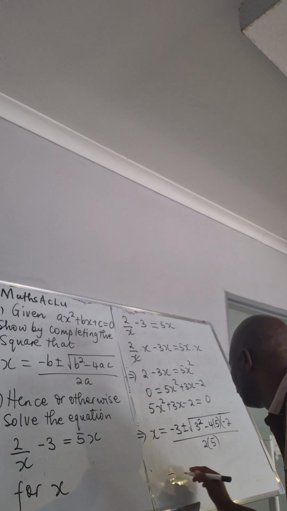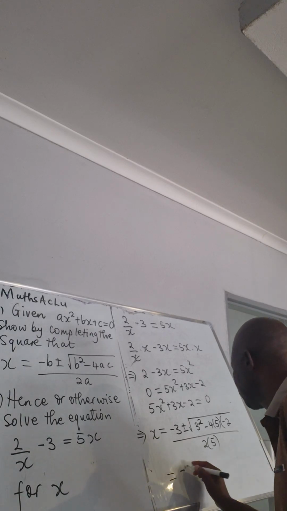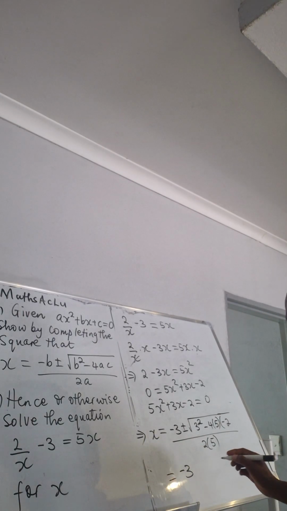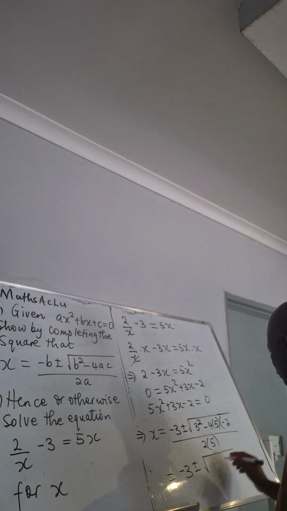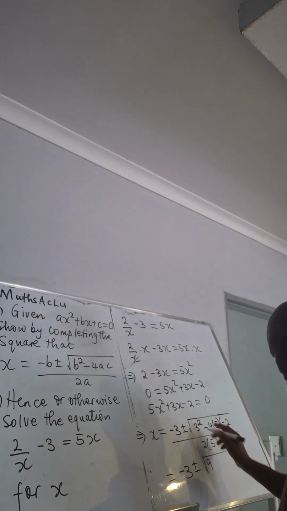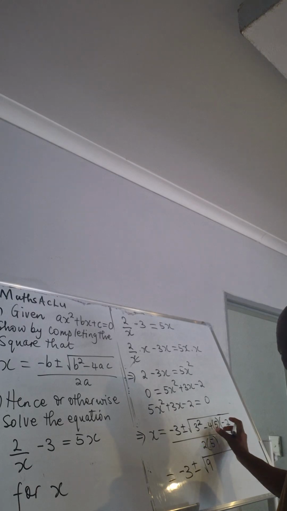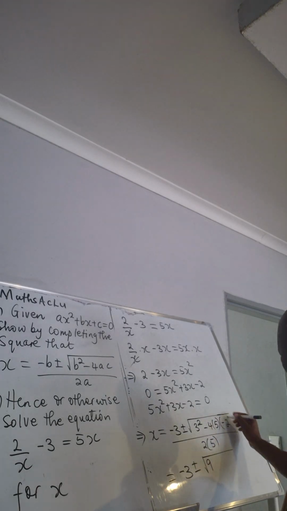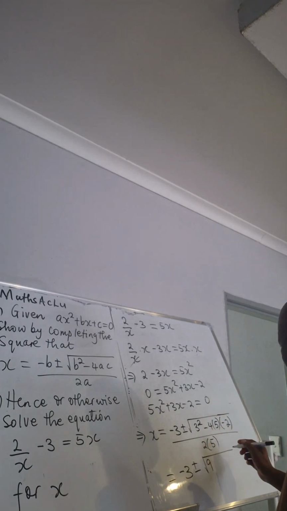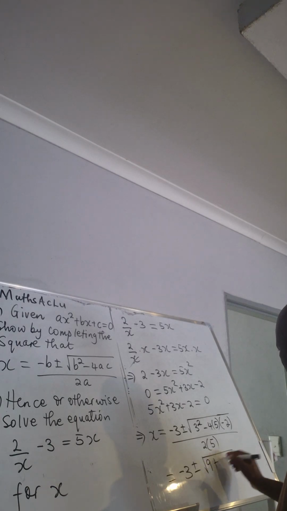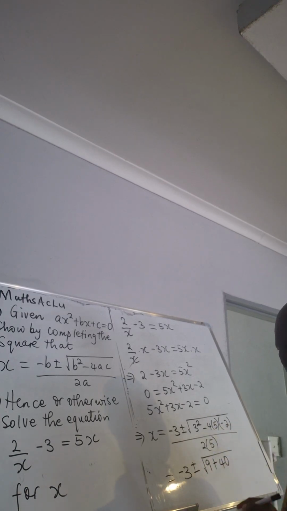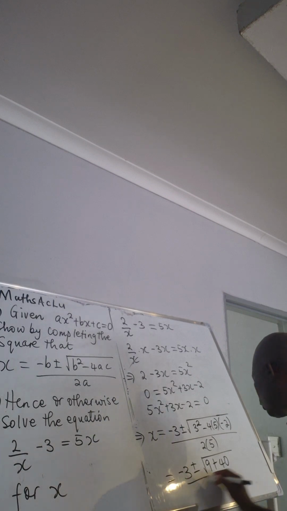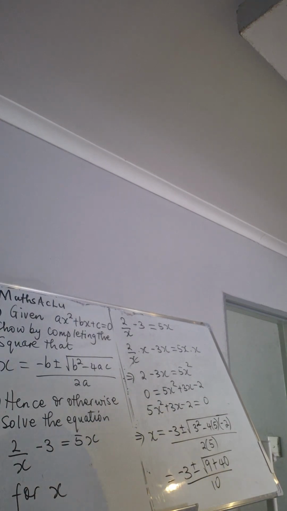Now it goes to simplification. Minus 3 plus or minus the square root of, this is 9, this one is the negative, and negative will give you a positive, and then 20 times 2 is 40, all over 10.